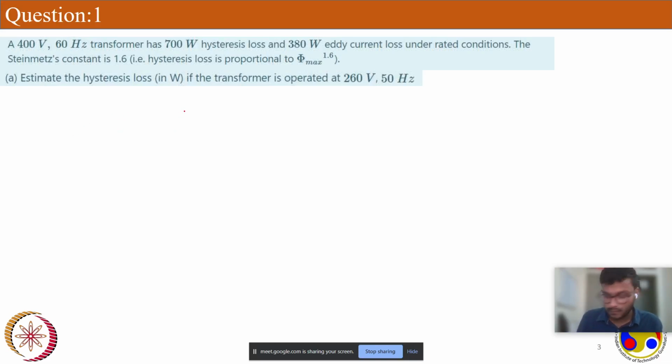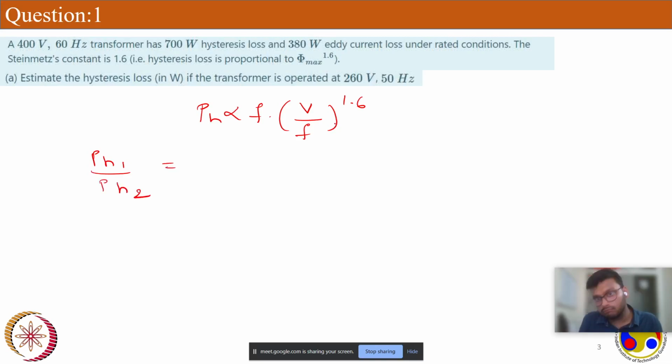Now PH is proportional to F into, we will replace the maximum flux by the voltage divided by frequency, V divided by F to the power of 1.6. So PH1 by PH2 is equal to F to the power 1 minus 1.6 into voltage to the power 1.6.